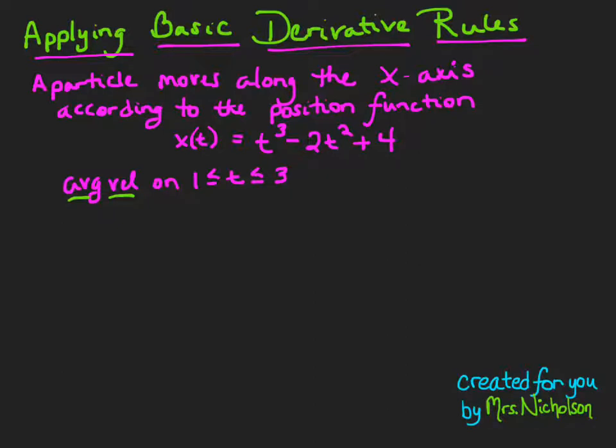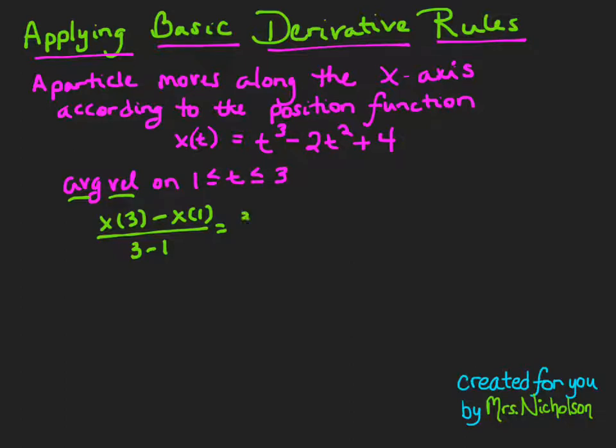And so what I'm looking for here is the average rate of change. When we see average rate of change, we should always think of the formula f of b minus f of a over b minus a. In this case, my function is x of t, so I'm going to do x of 3 minus x of 1, because 1 and 3 are my a and b, over 3 minus 1. To find these values, we plug 3 and 1 into our position function.